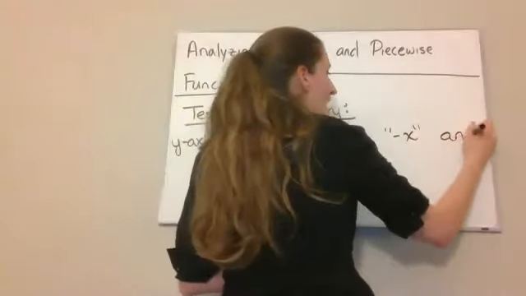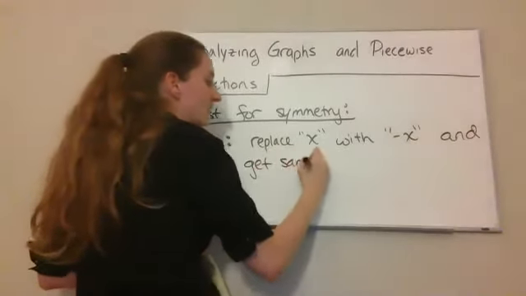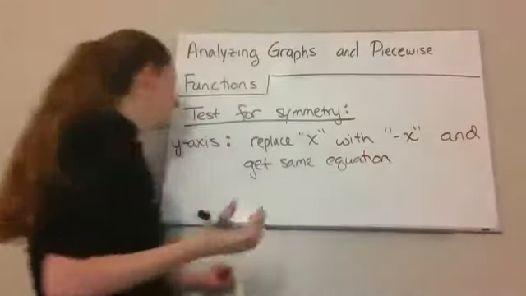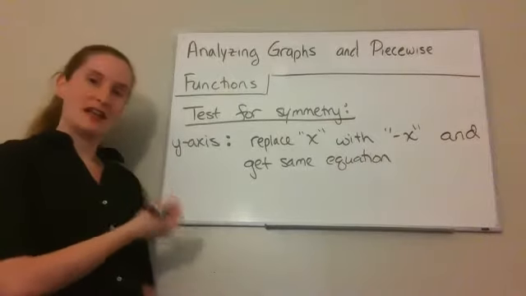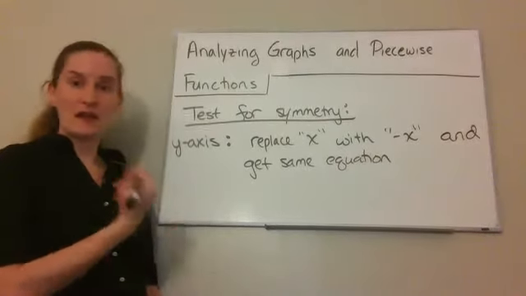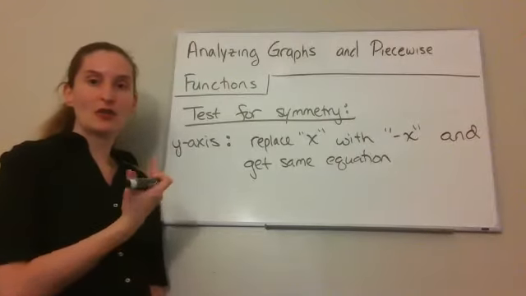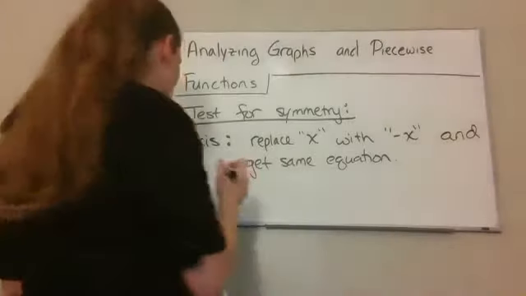And if we do that and get the same exact equation, that means that it's symmetric with respect to the y-axis. This means that if you plug in a negative x for all of your x's and nothing changes, then if you actually graph the equation, it will look exactly the same on both sides of the y-axis.